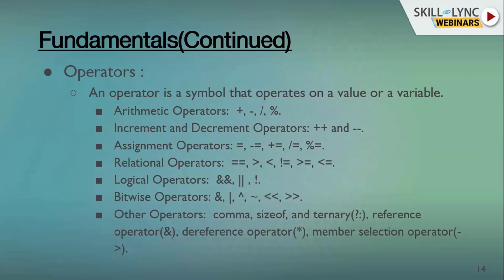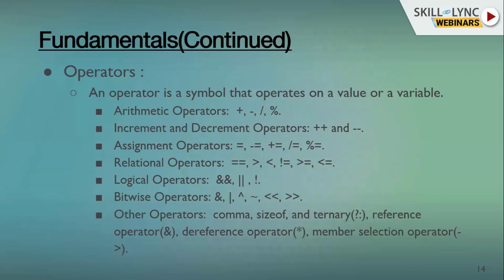Equal to will check whether both operands are equal, and if they are equal, then true will be returned. That is the relational operators.